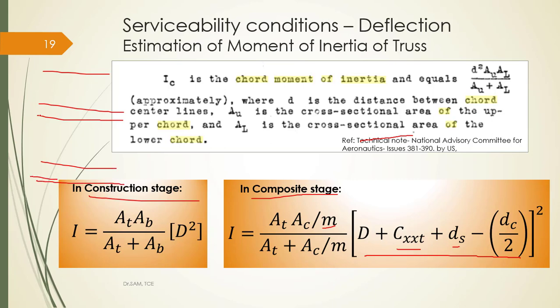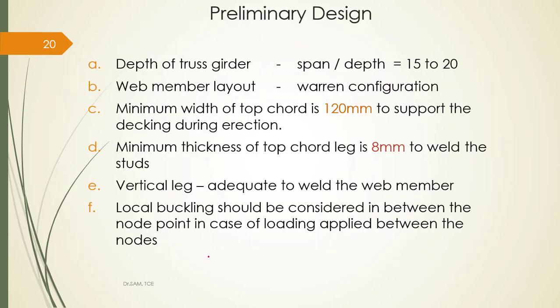From the CG of the top chord to the bottom chord, this is your D, capital D, and this is your CG distance, C_xx. This is DS, the portion of the decking sheet. This is your DC. From this center to this CG, I take the distance squared. So you will get the inertia of your composite truss in the composite stage. Using this, you calculate your deflection and check it with your limiting value.